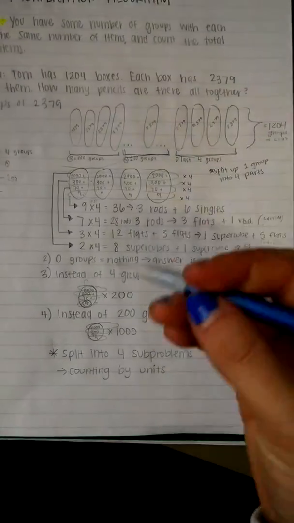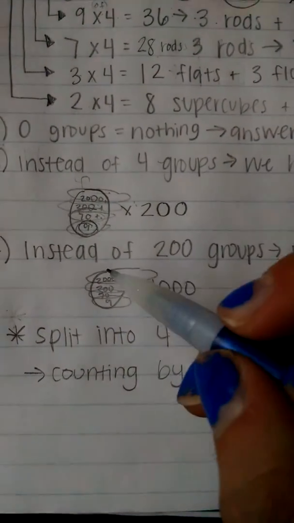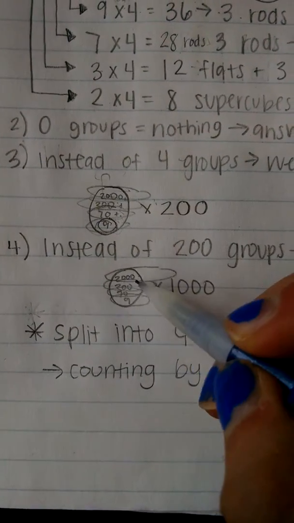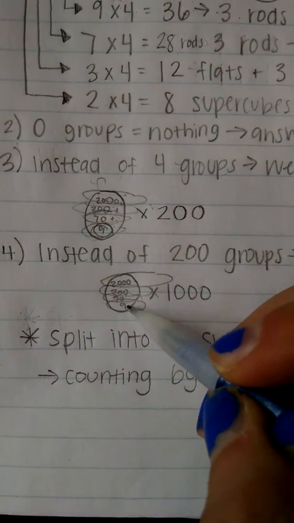We can split this up by drawing it out again, so you can see. We have a box of 2,379.